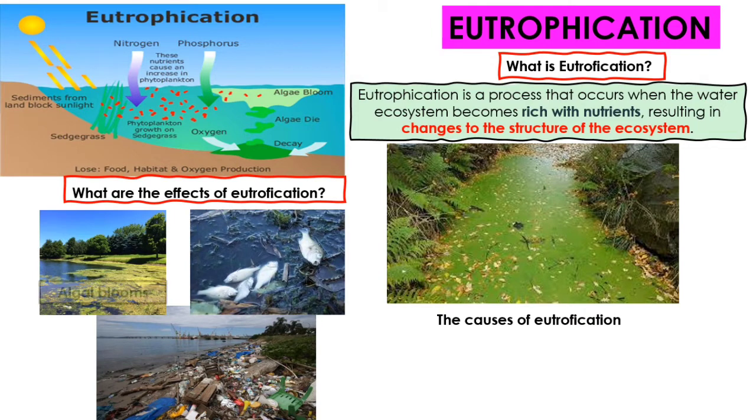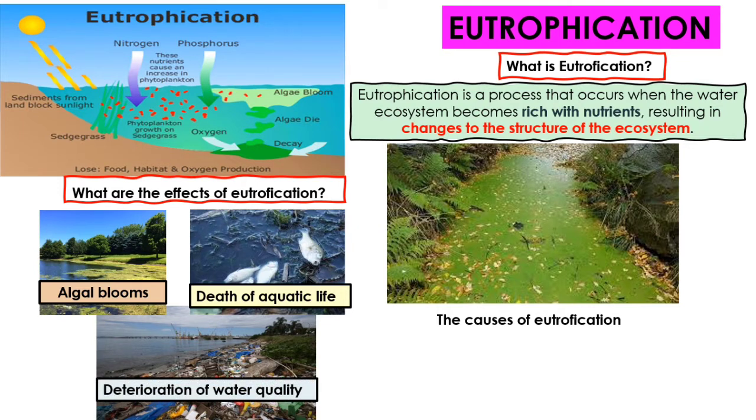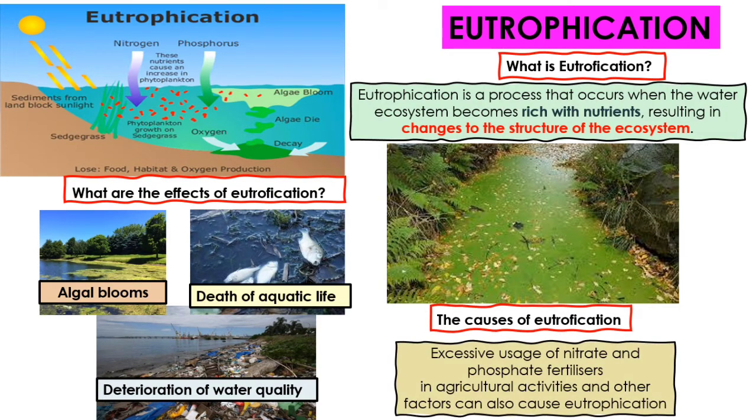First, it will cause algal blooms, death of aquatic life, and deterioration of water quality. What is the cause of eutrophication? The cause is excessive usage of nitrates and phosphate fertilizer in agriculture activity, and other factors can also cause eutrophication. Okay, let's discuss how the process of eutrophication occurs.